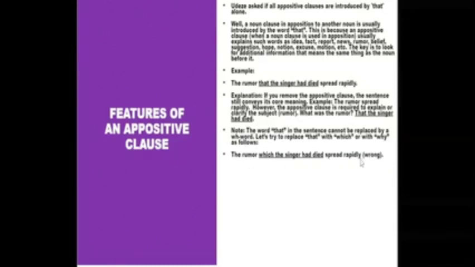It doesn't make any sense, does it? So the rumor that the singer had died spread rapidly. Now, if we attempt to replace that with which, the rumor which the singer had died, it doesn't make any sense. Okay, let's try to replace that with why.